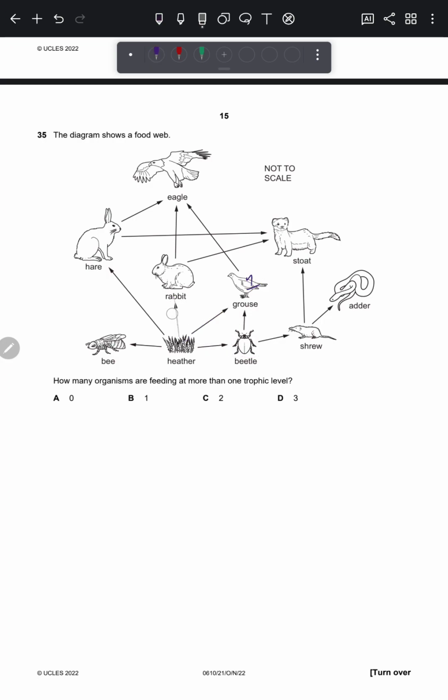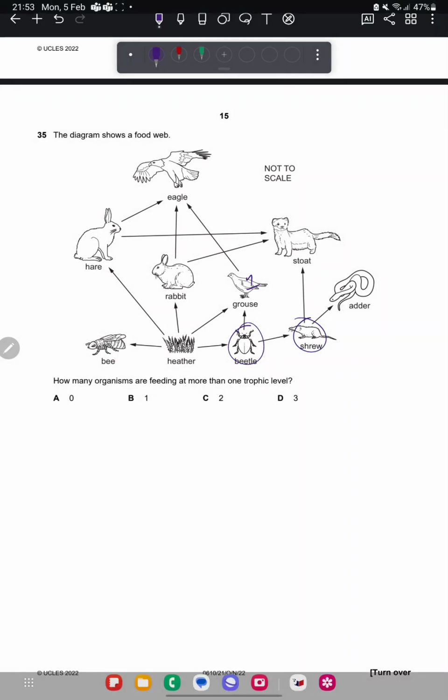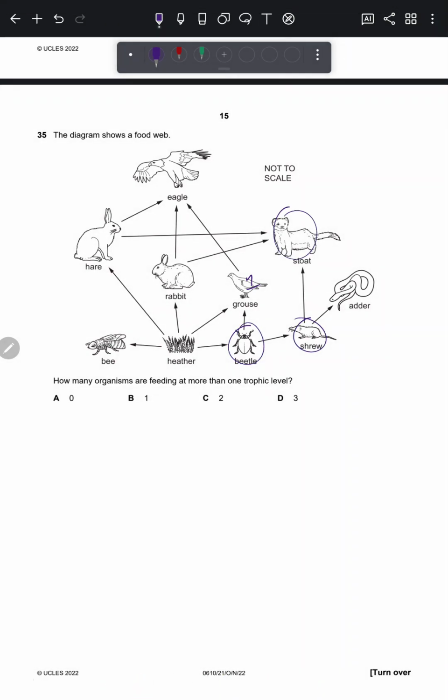So another one, we have to find it. Let's see, stoat, maybe secondary, primary, primary, secondary, tertiary, that's 3, and then primary and secondary. Yeah, so this is another one.